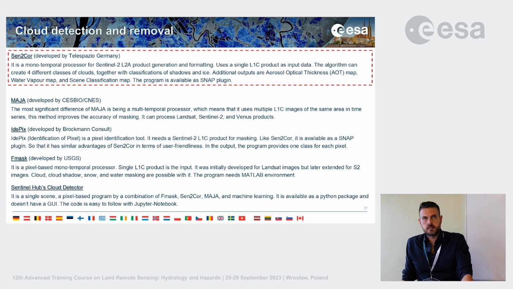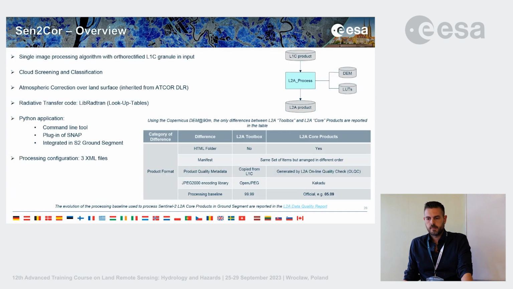And after 9 bands at 20 meters, because you will have again the 4 bands at 10 meters, plus the 6 bands minus the 8A, that is the narrow near infrared band, at 20 meters. And after you have the 60 meters bands.